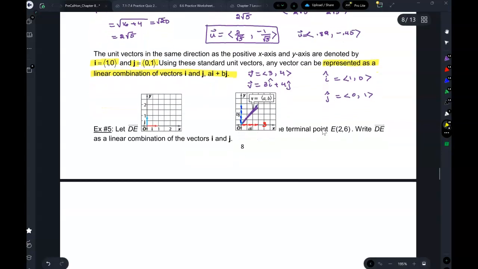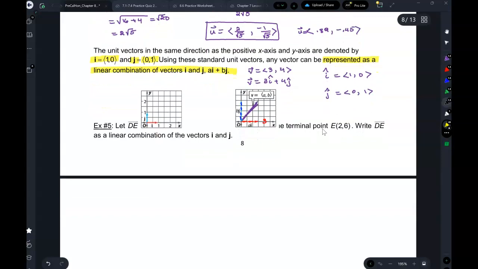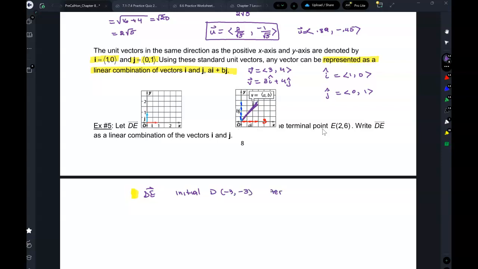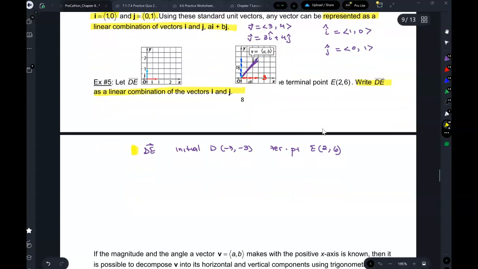But basically, it says here that DE is a vector with initial point D (-3, -3) and terminal point E (2, 6). And we want DE as a linear combination of the vectors i and j.